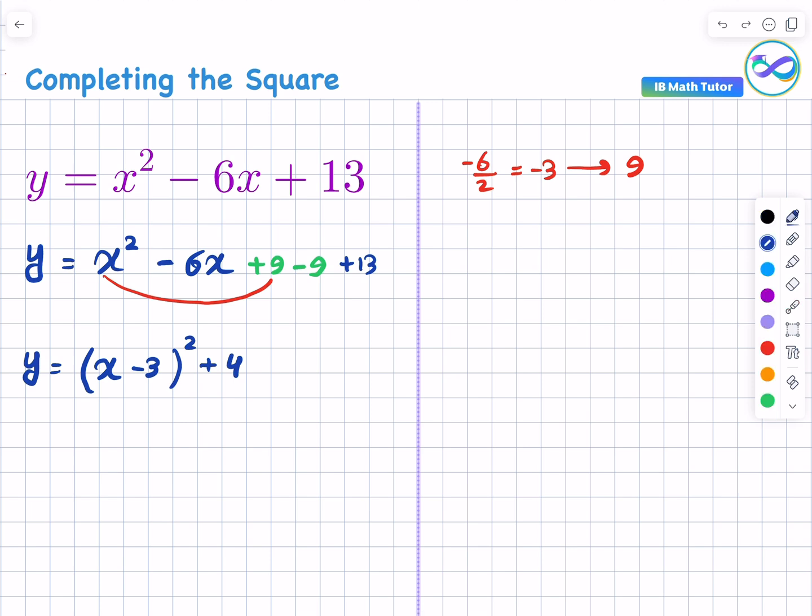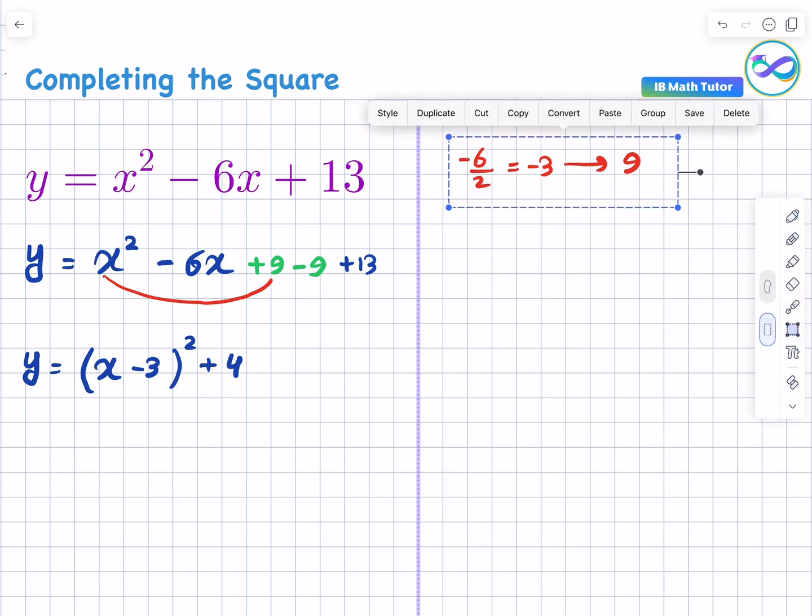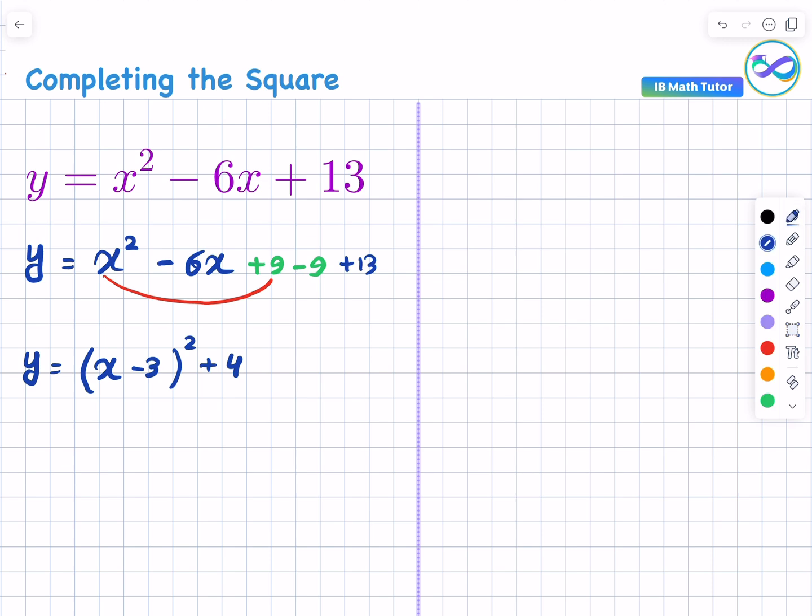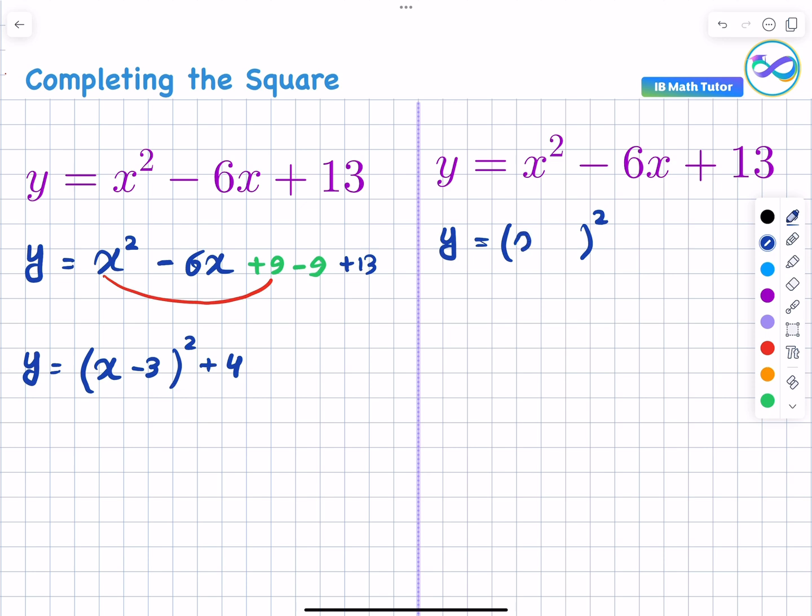Now I'm going to complete the square for the same example, but using a shorter method. So here we have the same expression. Now to complete the square, we open brackets immediately, bracket squared. Here the variable is x. Now we take half of the middle coefficient, which is negative 3. And immediately after the bracket we also put minus the same number that we put inside the bracket, 3 squared.